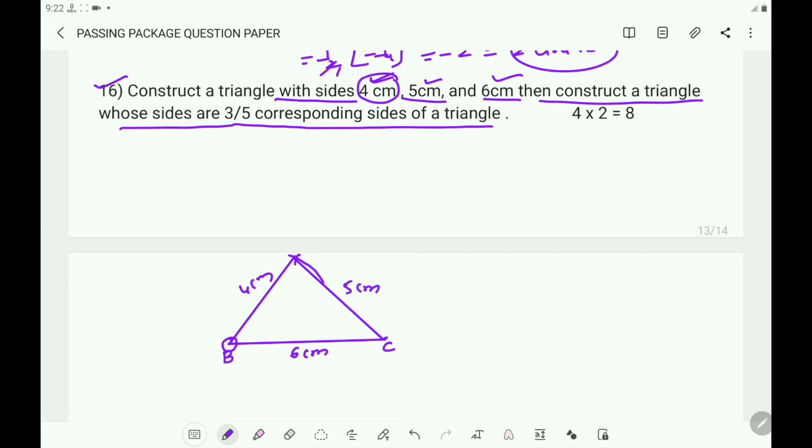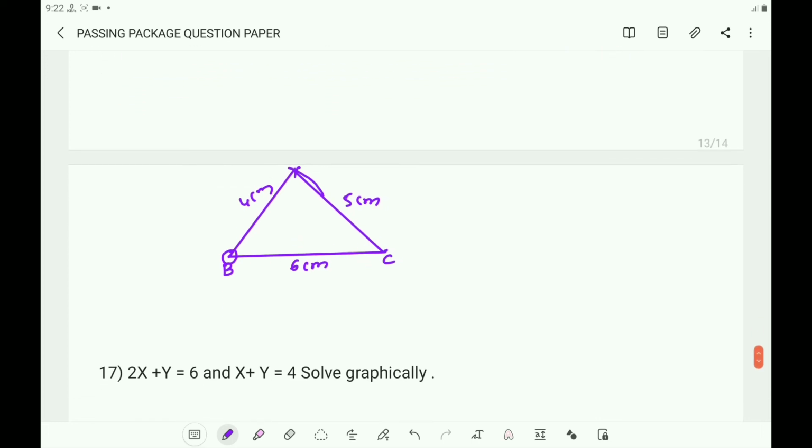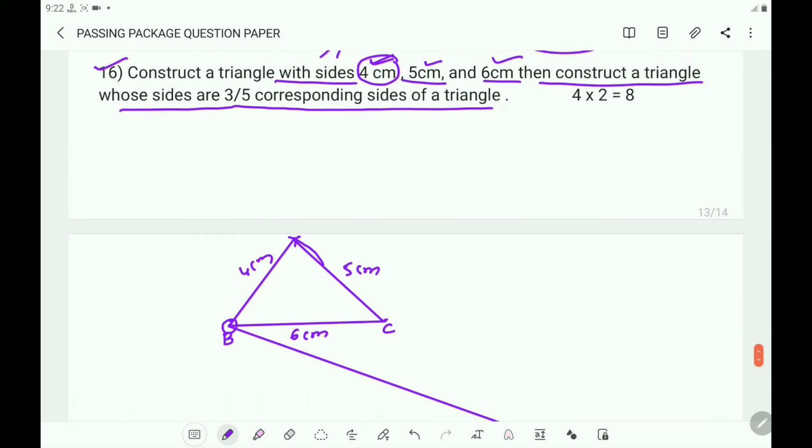After that, you must construct the triangle similar to it, and the sides are in the ratio 3 by 5 of the original triangle. Here what you have to do? Here you must construct an acute angle. And see, the ratio 3 by 5 is there, 5 is greater.